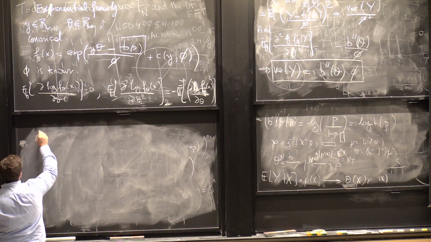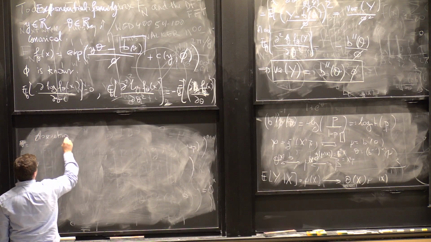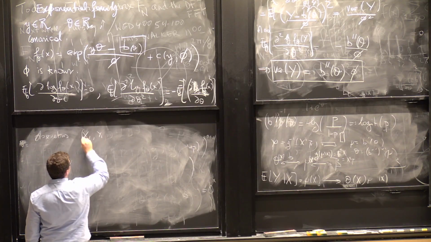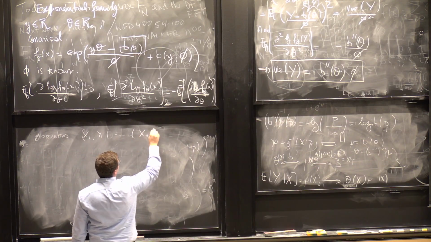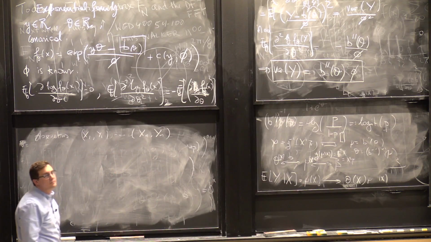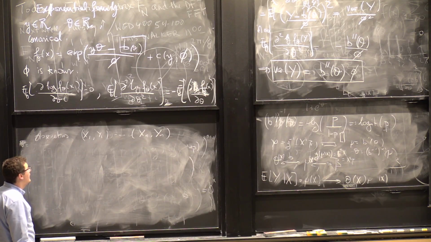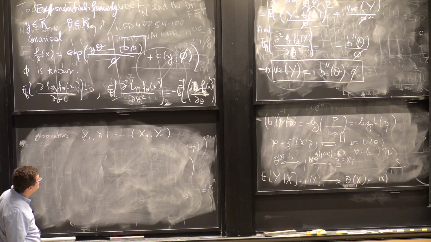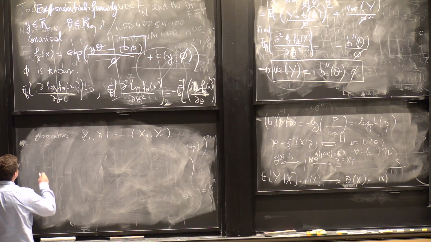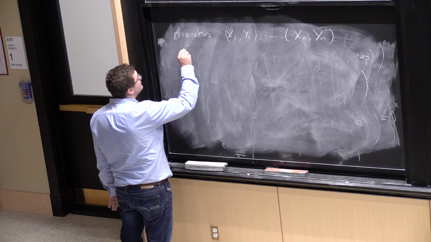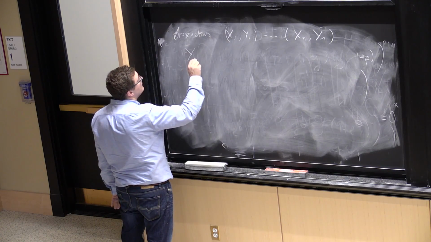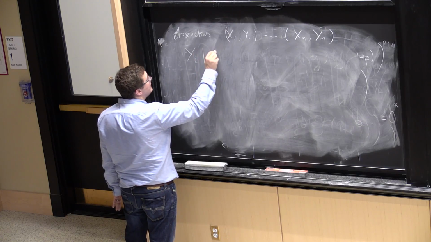So I'm going to have observations x1, y1, all the way to xn, yn, just like in a natural regression problem, except that here my y's might be 0, 1 valued, they might be positive valued, they might be exponential, they might be anything in the canonical exponential family. So my observations are x1, y1, xn, yn.